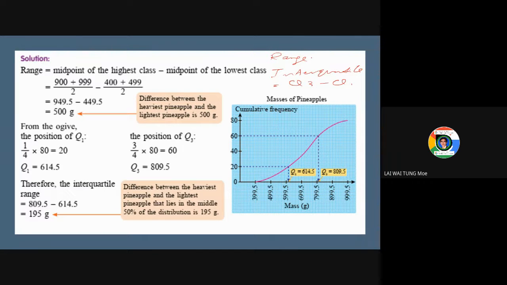For the range, you take the highest class, you find the midpoint for your highest class, minus the midpoint of your lowest class. Okay, that is how you find your range.